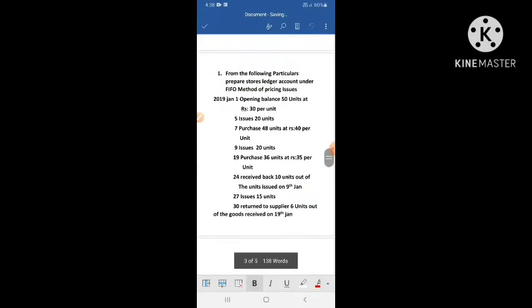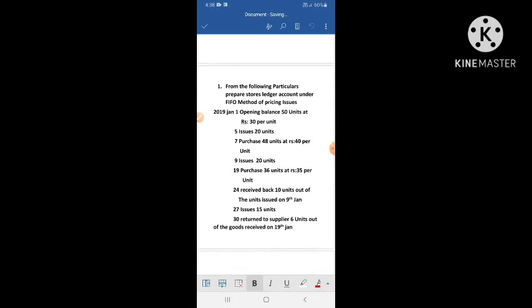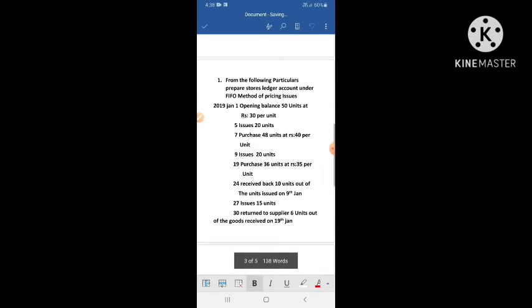Here this is the question we are going to solve now. We should read the question very carefully. The date should be in order. So from the following particulars, prepare stores ledger account under FIFO method of pricing issue. So here we should note that under FIFO method, that is first in first out method.